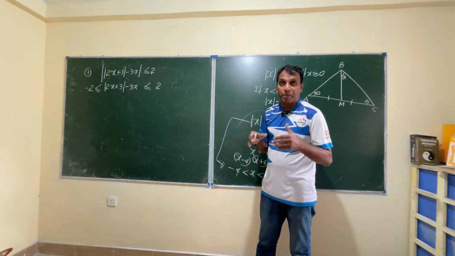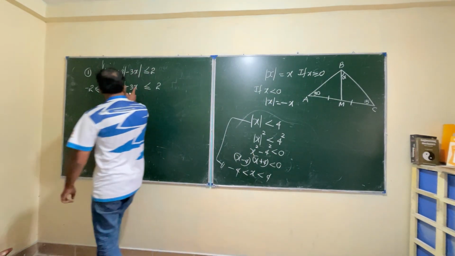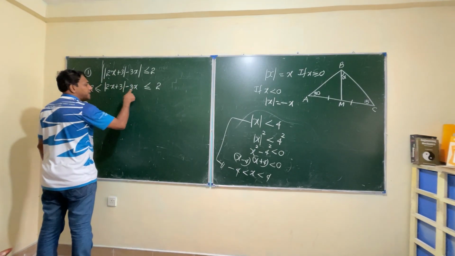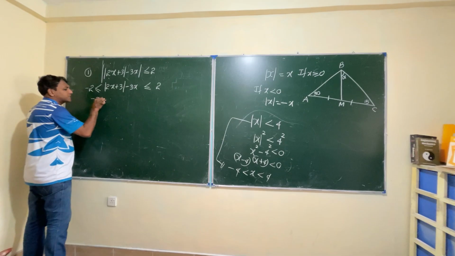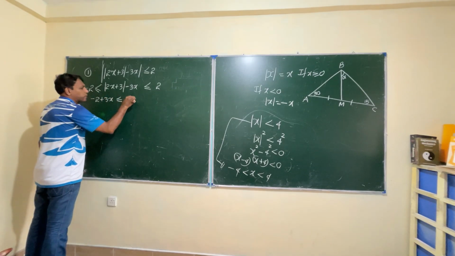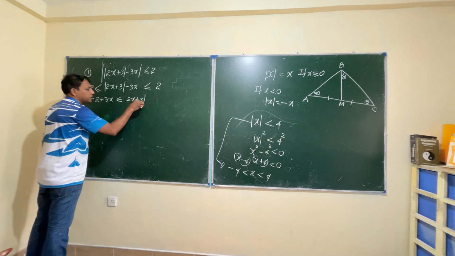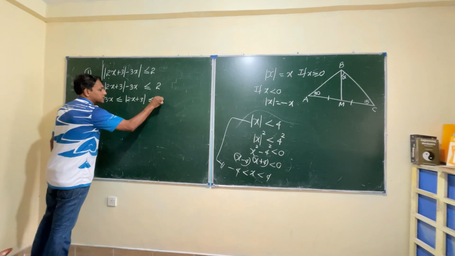So in a structured paper in Sri Lankan exams, this is 25 marks. Now to every part add 3x: remove the minus 3x by adding 3x to all parts. Minus 2 plus 3x, then mod 2x plus 3, add 3x and cancel, then 2 plus 3x.